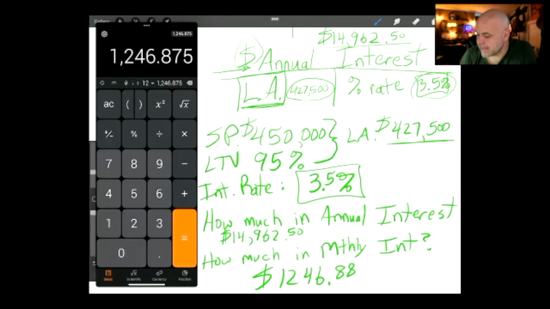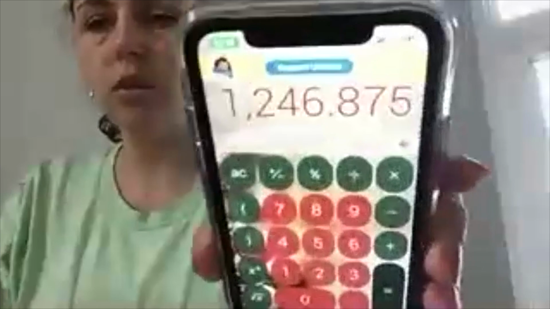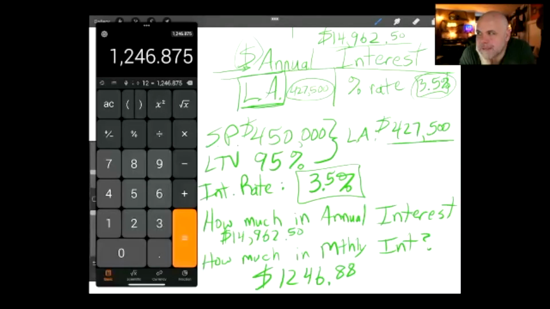So we need to divide by 12 months. You got it. That's all you've got to do. That is correct. Just divide it by 12, and it turns that 14,000 into $1,246 and some change per month. That's what I got. Yeah, the same. That is right.